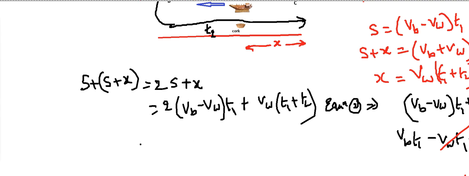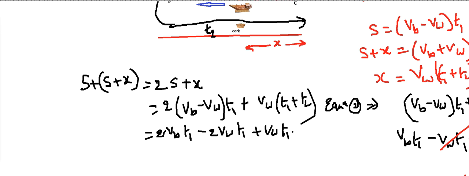Therefore, 2S plus X expands to Vb into T1 minus 2 Vw into T1 plus Vw T1 plus Vw T2. But we know that T1 and T2 are equal. Therefore, this is 2 Vw T1, this is Vw T1, this is also Vw T1.